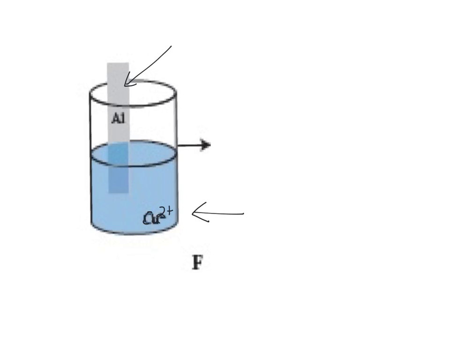Now, the next thing I want us to consider is, in real life, what would really happen if we put a strip of aluminum in a copper chloride solution? So we have copper ions and chloride ions in the solution. And as you watch, we actually tried this in class.